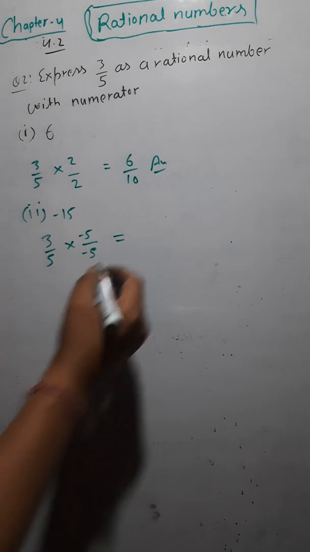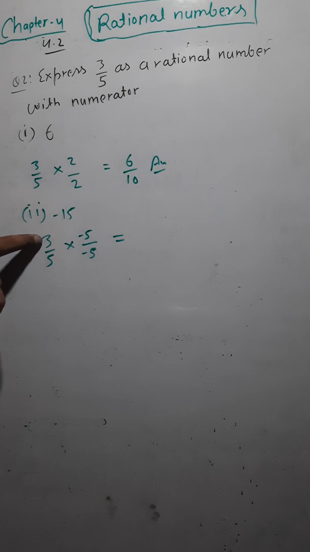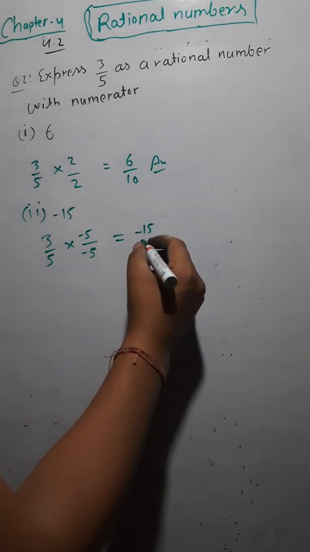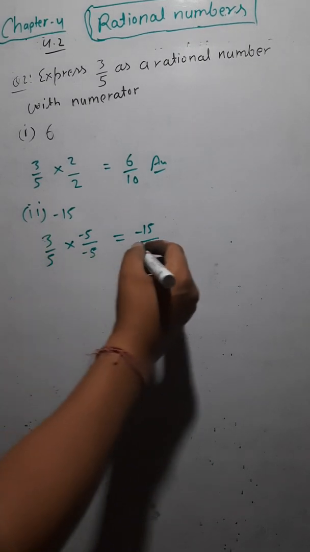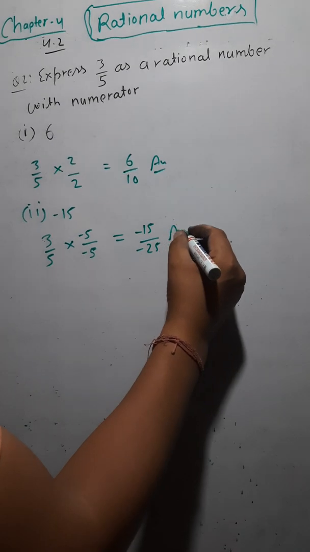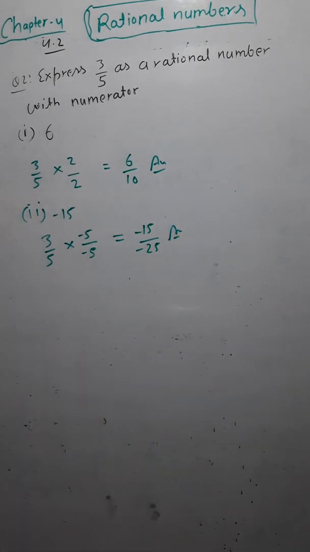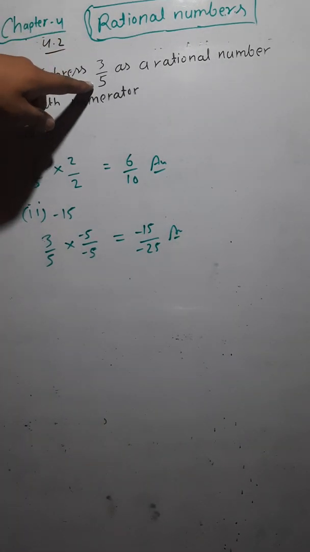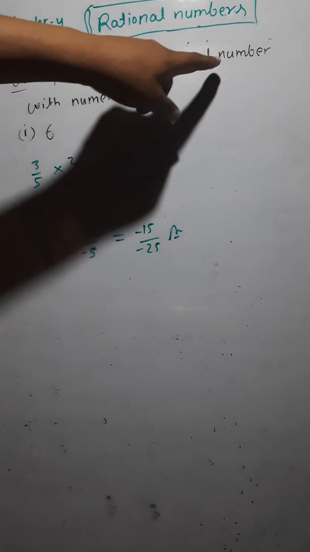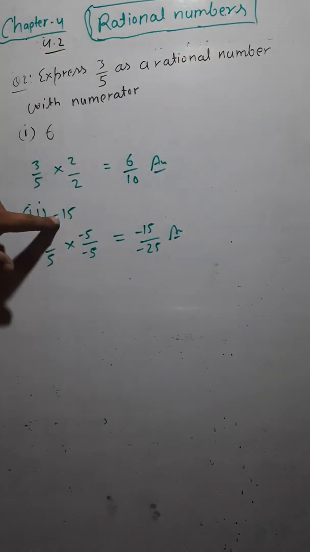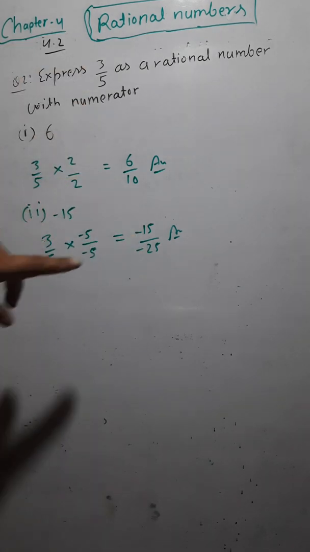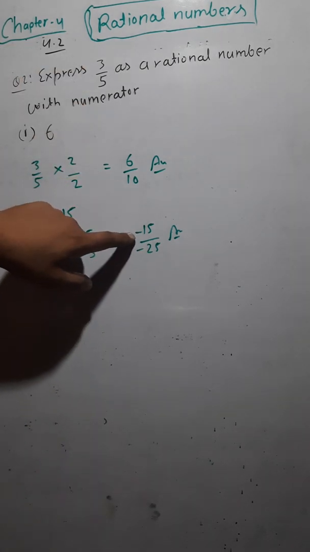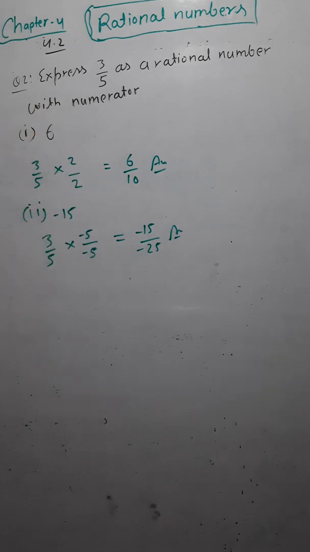So the answer that you would be getting would be 3 5 is 15, and it would be minus 15, divided by 5 5 is 25, and it is minus 25. Okay, this is the answer. So you have expressed 3 by 5 as a rational number with the numerator minus 15. I have written 3 by 5 as minus 15 by 25, and if you see the numerator here it is minus 15. So this is your answer.